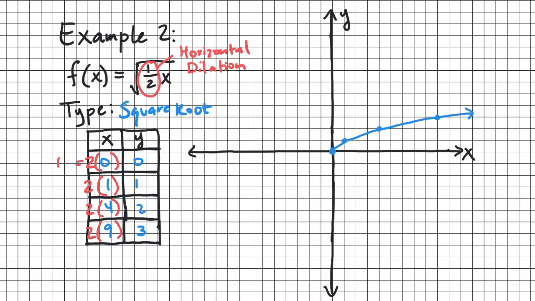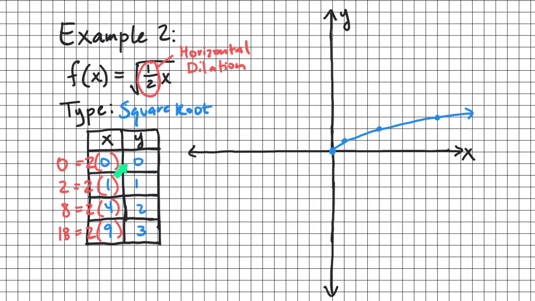0 times 2 is 0, 1 times 2 is 2, 4 times 2 is 8, 9 times 2 is 18. But I don't think we'll be able to get to 18 because I don't think our graph reaches 18. But this is going to be my new set of points.